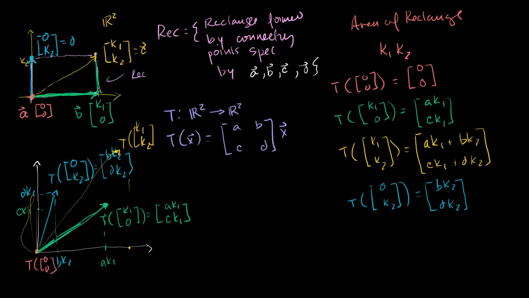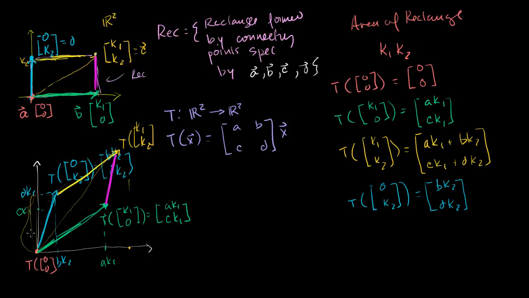This line that connects those two dots is going to be transformed to this line that connects those two dots. And then this line that connects those two dots is going to be transformed to this line that connects these two dots right there. And then finally, this line that connects these two dots is going to be transformed to this line that connects these two dots right there.